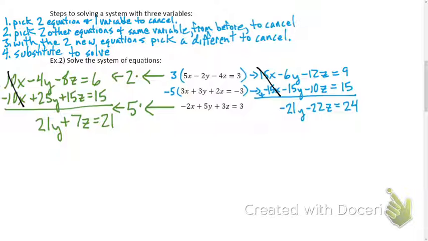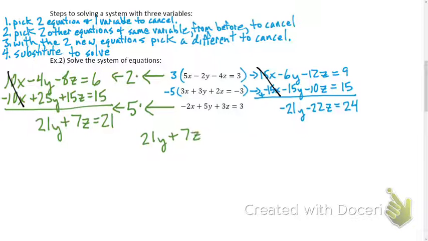Now I have two new equations. I'm on step 3 up there. The green equation and the blue equation. I need to pick one variable to cancel out, and look at those y's. I don't have to do any adjusting. Sometimes you do. Sometimes you have to multiply by something to get them to cancel out. We lucked out. If I just add that equation to the other, the y's will cancel out.